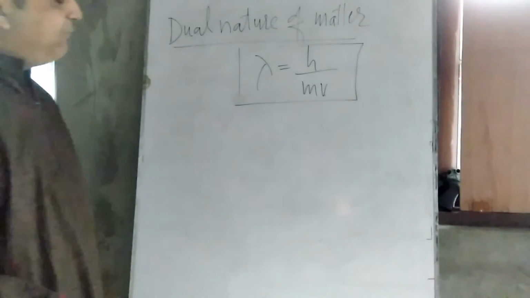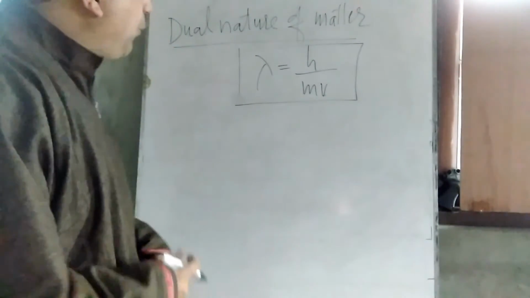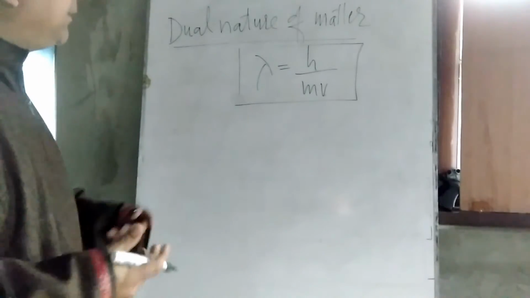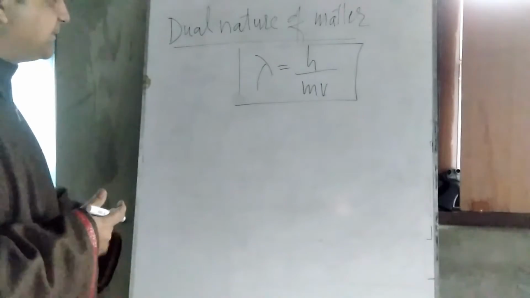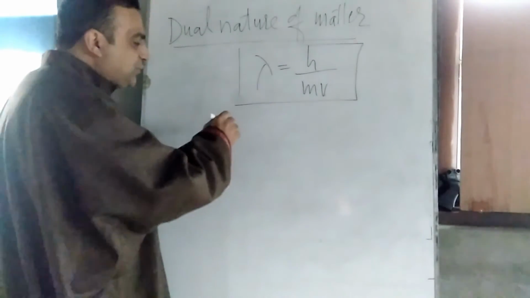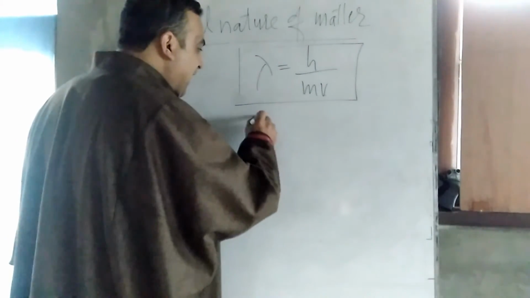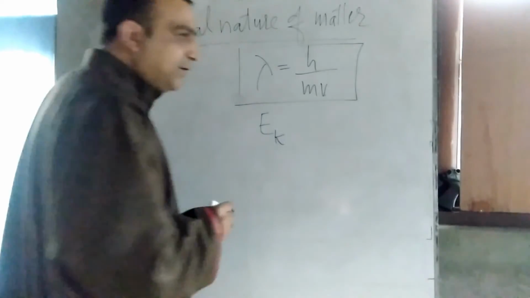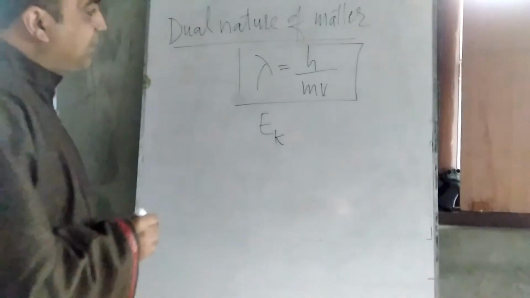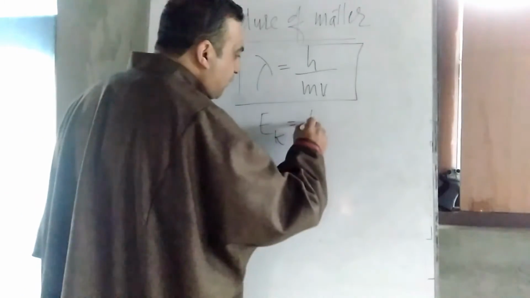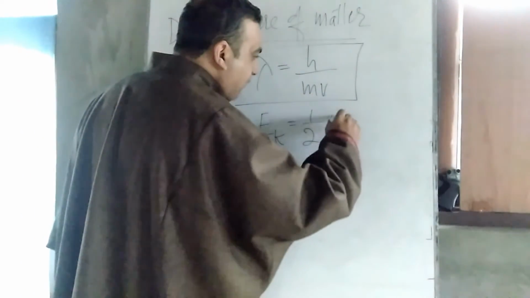Now, if we further take this equation to other circumstances involving other physical quantities, suppose Ek is the kinetic energy of the material particle. We can write this as 1/2 mv squared.